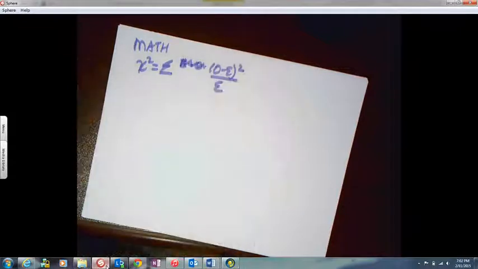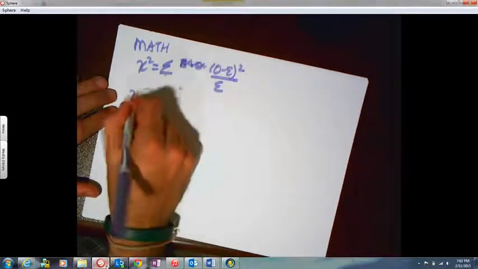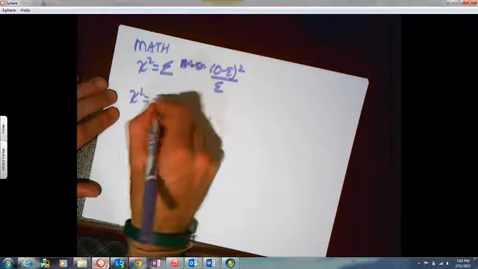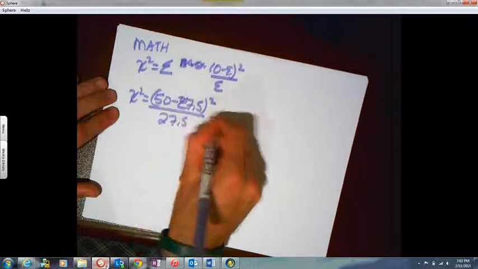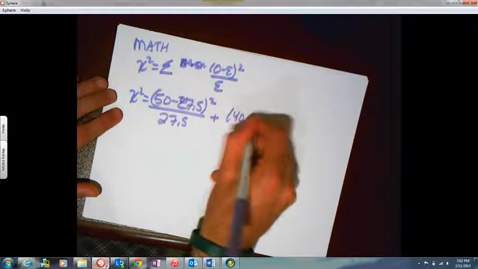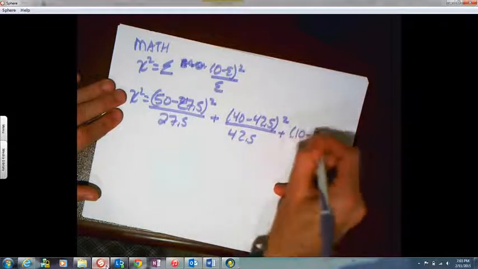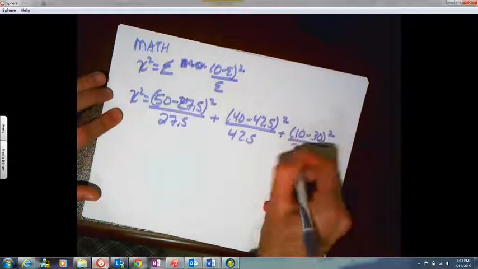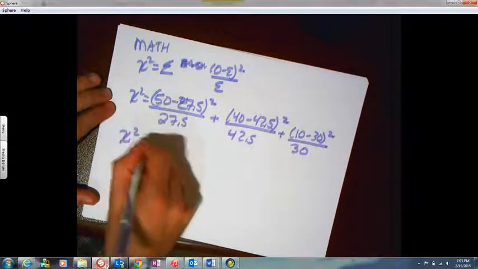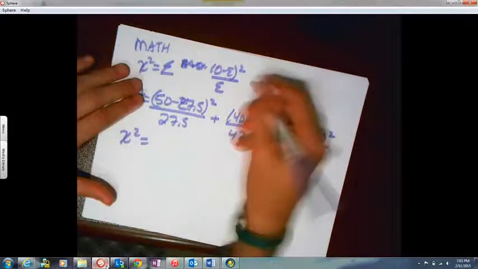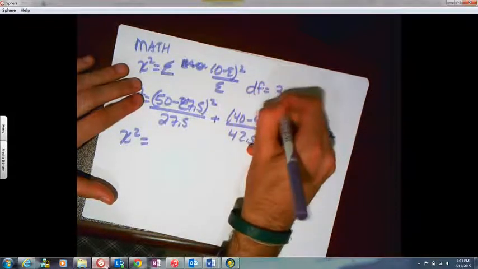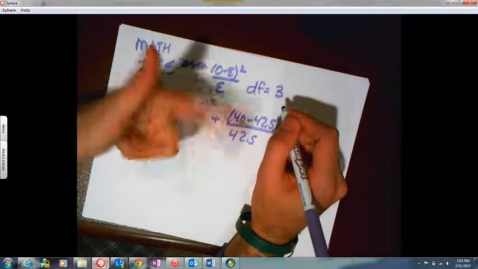So chi-squared is equal to, we observed 50, the expectation was 27.5, squared over 27.5, plus we observed 40, the expectation was 42.5, all divided by 42.5, plus we observed 10, expectation was 30. So our chi-squared, now we go to the calculator. Please remember to write over here degrees of freedom. There are 3 levels, habitat 1, 2, and 3. So 3 minus 1, so the degrees of freedom are 2.